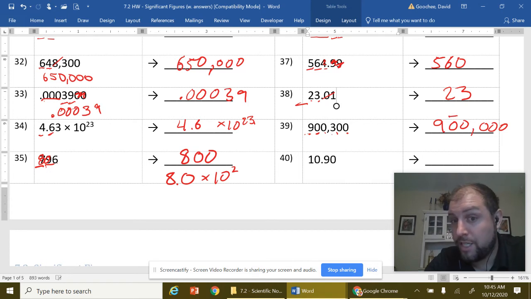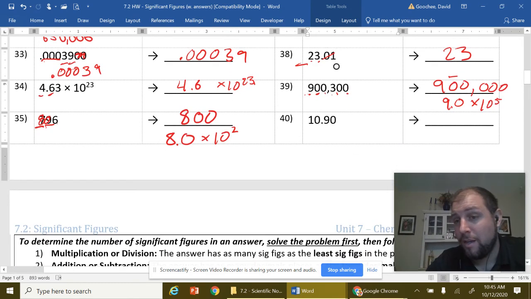How am I supposed to know that 0 is actually measured? You can put that line over top like I did, or you can write it as 9.0 times 10 to the 5th. Or you could just leave it as 900,000 and we just accept that it's going to be a little annoying right now.